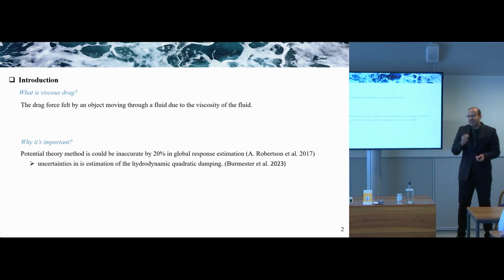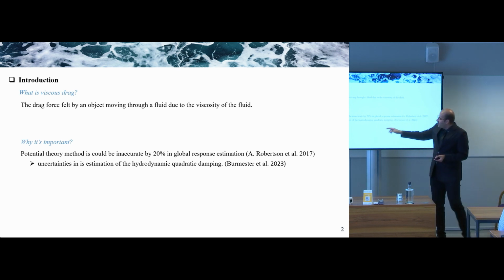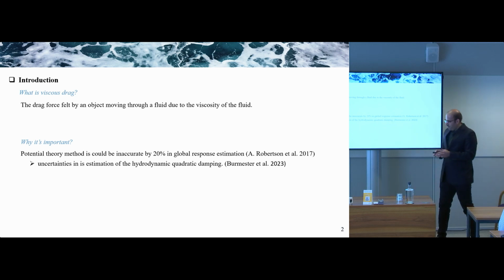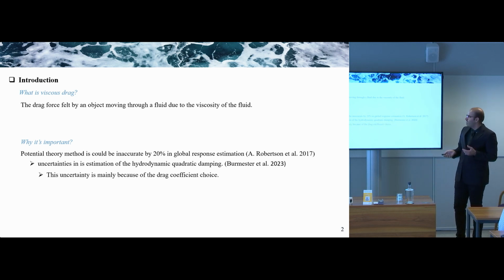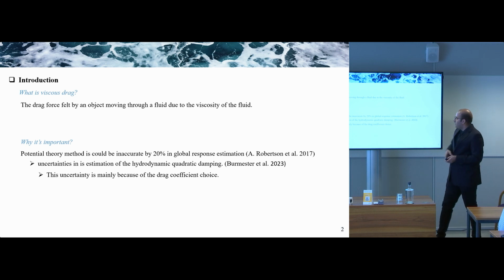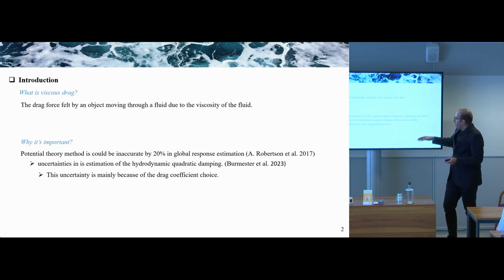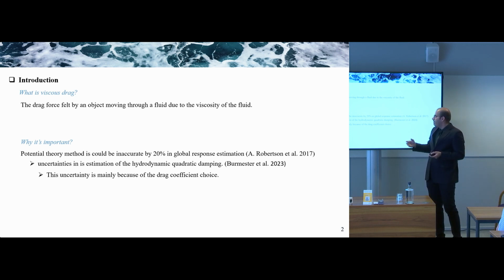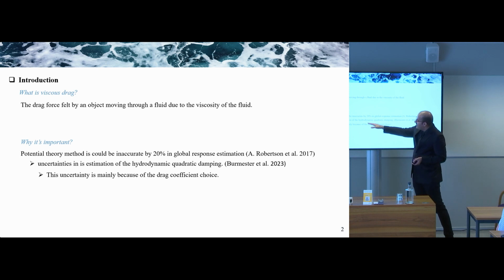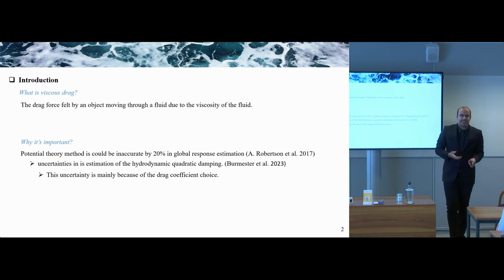And one effective parameter in estimating this damping force is the correct, valid choice of the drag coefficient. So if we have a realistic estimation of the hydrodynamic drag, we could have a more realistic estimation of the quadratic damping, and then our potential theory method would give a better response.